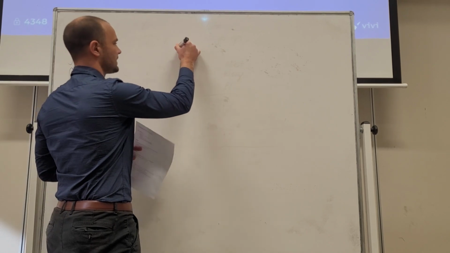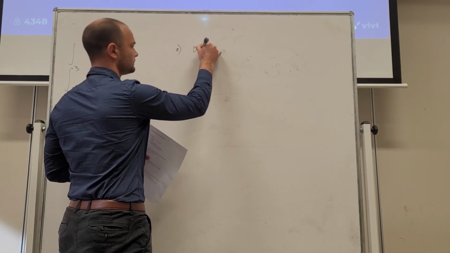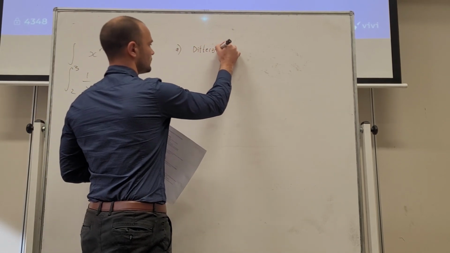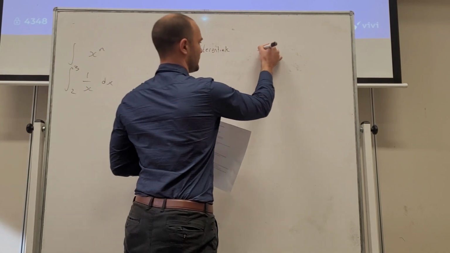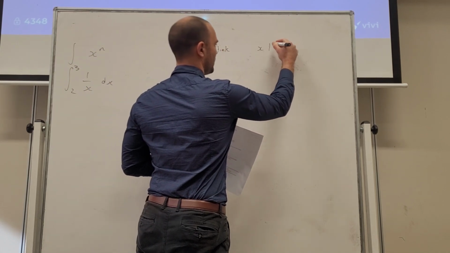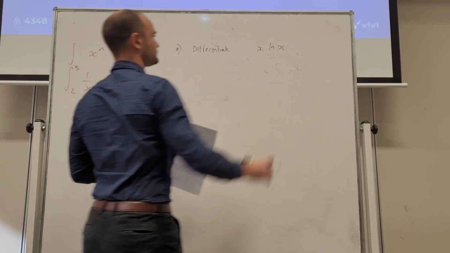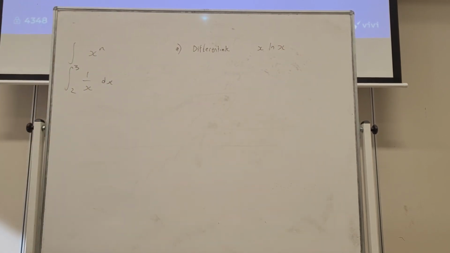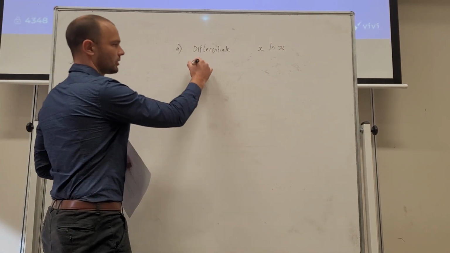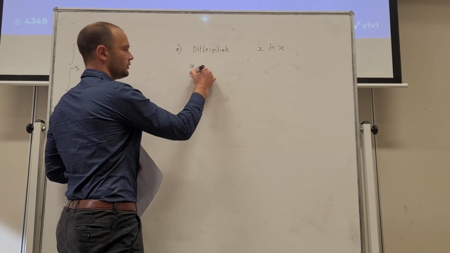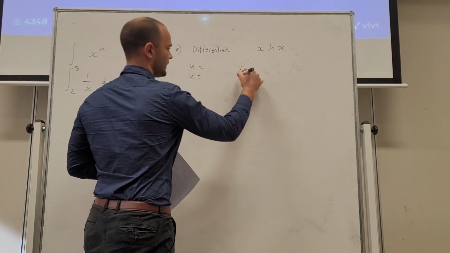All right, it'll be something like differentiate, and you'll see these a fair bit in the practice tests and so forth, x ln x. All right, so if we're going to differentiate that, we have to use the product rule, u dash v plus u v dash.